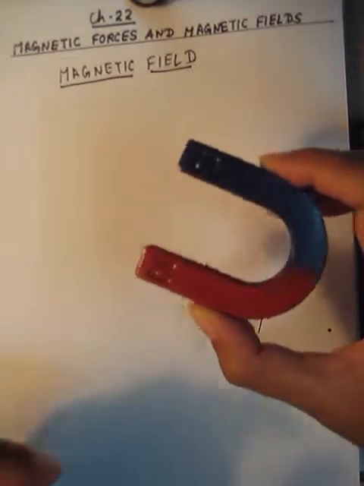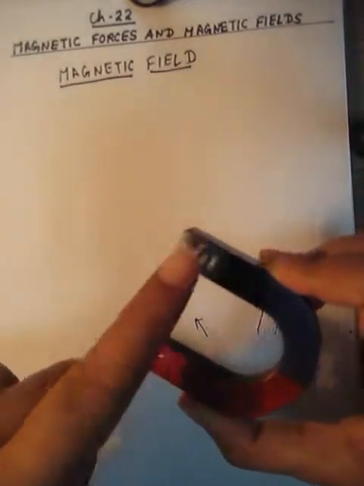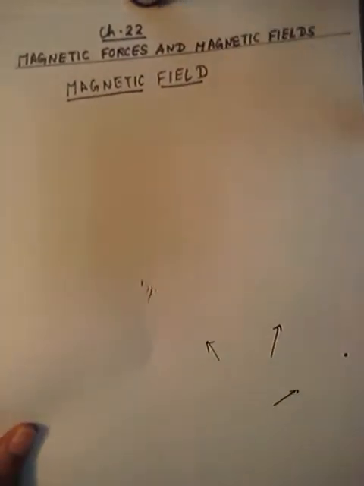Now let us see how the magnetic field will be with this magnet. There is a north pole and a south pole. Let me keep it under the paper and then put iron filings over it and see how it behaves. Okay.